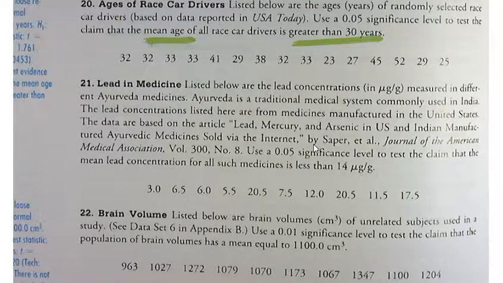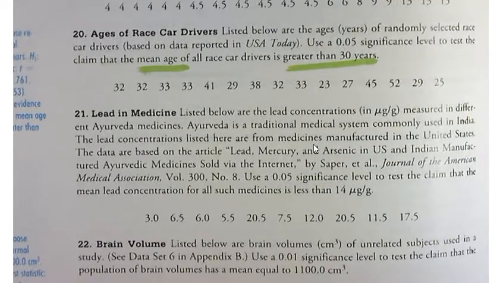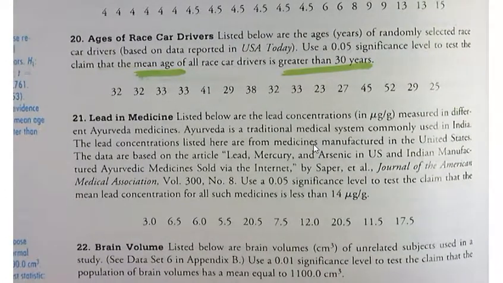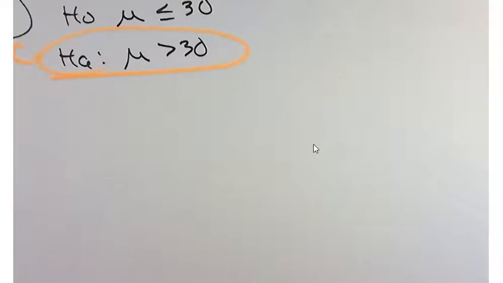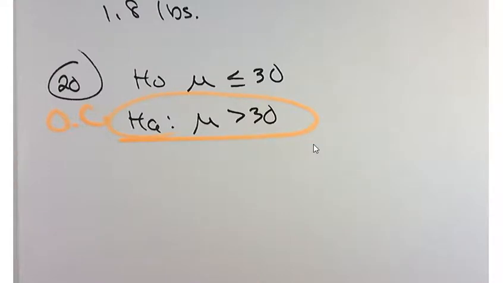Max, what do you think we'll set up for H0 and HA? Okay, good. So if the alternative is that the mean is greater than 30, then the null has to mean that the mu is less than or equal to 30.